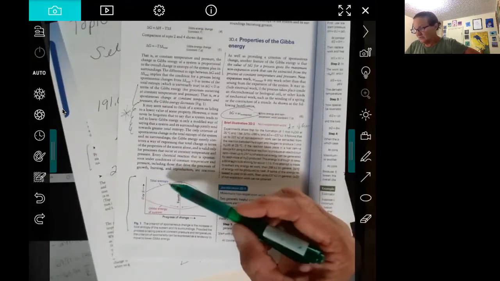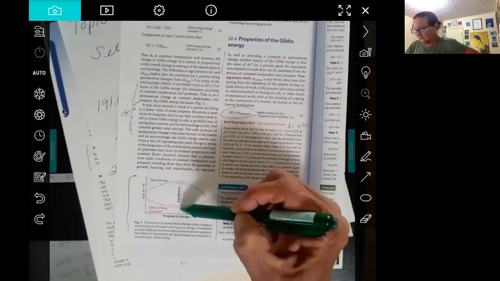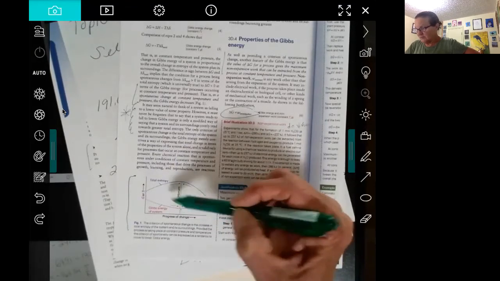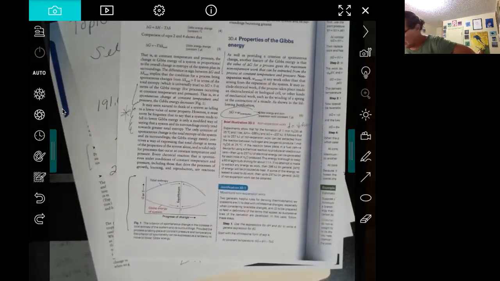So really what you're still saying is the second law. If the Gibbs free energy decreases, it's spontaneous because the entropy of the universe is increasing. So make sure that's a really solid understanding of that concept.